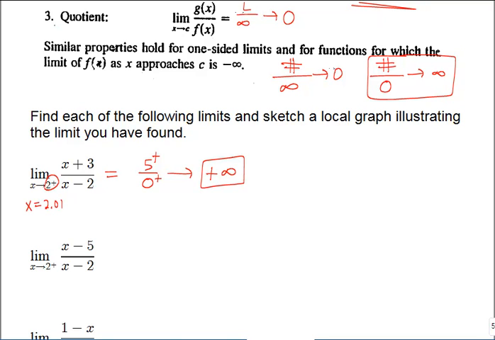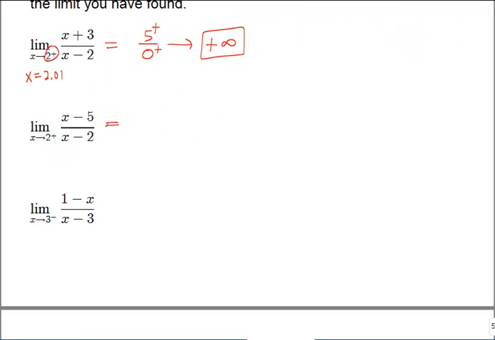So now let's take a look at the next example and do something very similar. Again, we want the limit as we approach 2 from the right-hand side, which means the x's that we're going to be plugging in here are numbers slightly bigger than 2, like 2.01, for example, or 2.001. Whatever you want, as long as it's slightly larger than 2.